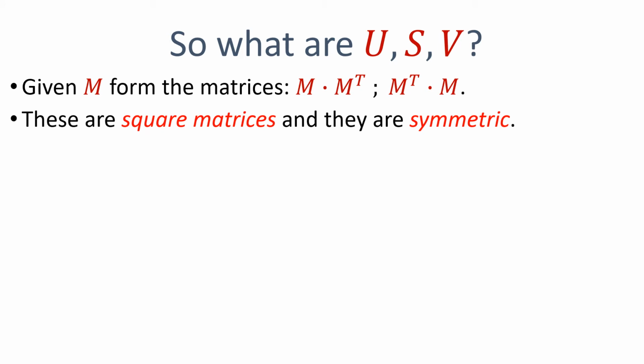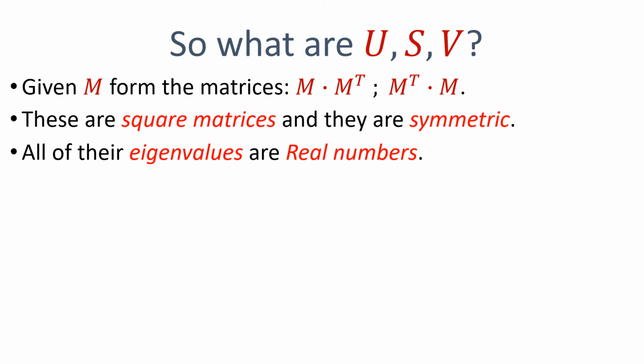And these two matrices have some very nice properties. They are both square matrices and they are both symmetric matrices. The entry in the ith row and jth column of each is exactly the same as that in the jth row and ith column. And symmetric matrices have some very nice properties when we're looking at spectral analysis.